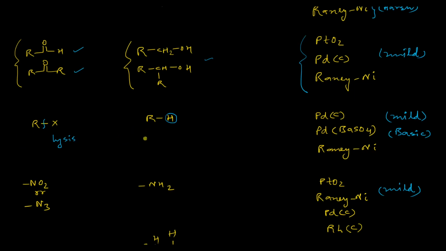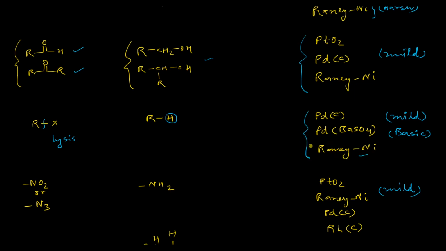So if you want to perform this type of hydrogenolysis on a carbon halogen bond, then you can use either palladium carbon, that is palladium on activated charcoal, or palladium on barium sulfate. No need for any deactivator like quinoline or any other deactivator, and you can also use Raney nickel.